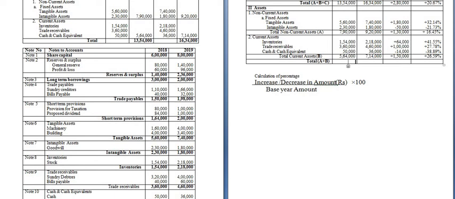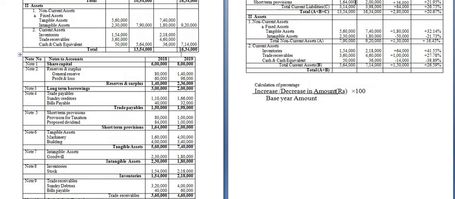B how much? 5,64,000. So total is 13,54,000.